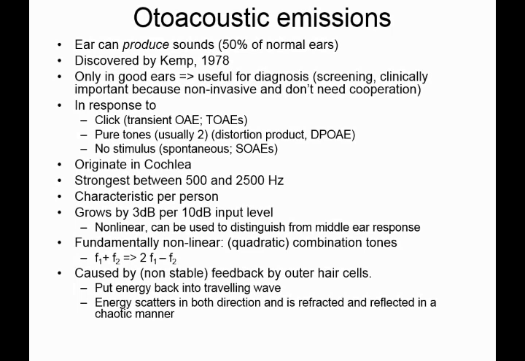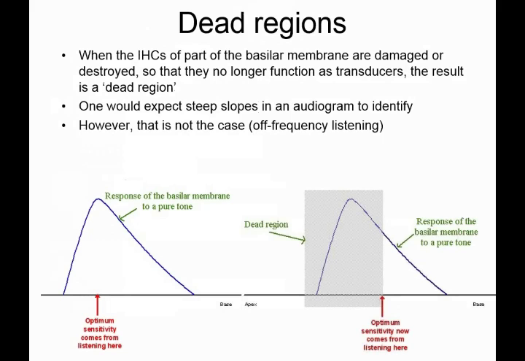You can also have spontaneous otoacoustic emissions. They originate in the cochlea. We talked about that. Between 500 to 2500 hertz, produced by the outer hair cells' amplifier. They're characteristic per person. In fact, it has been suggested to use them for person identification, and that's not a stupid idea, because they're as individual as fingerprints.